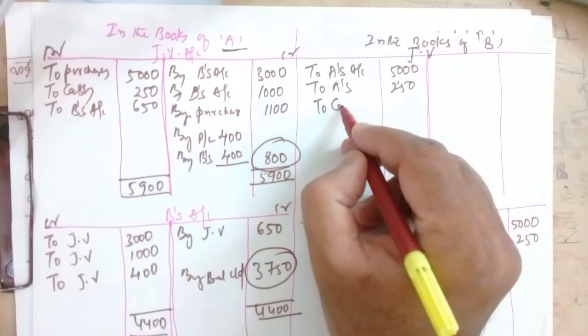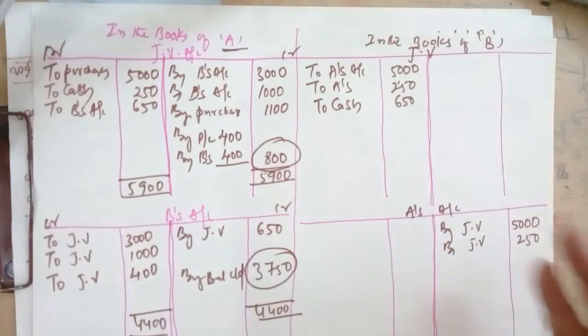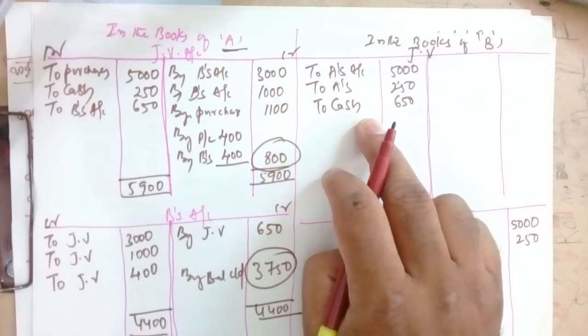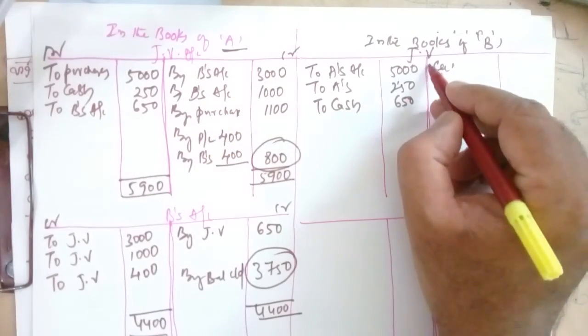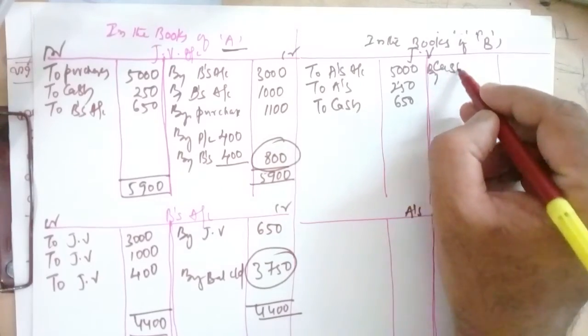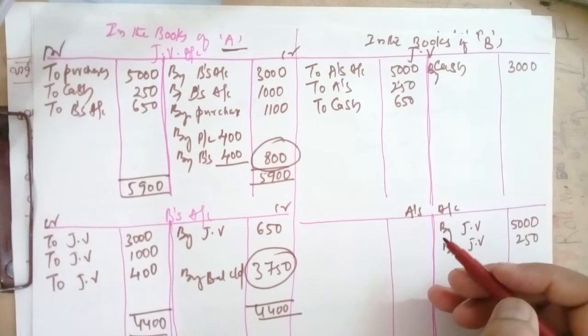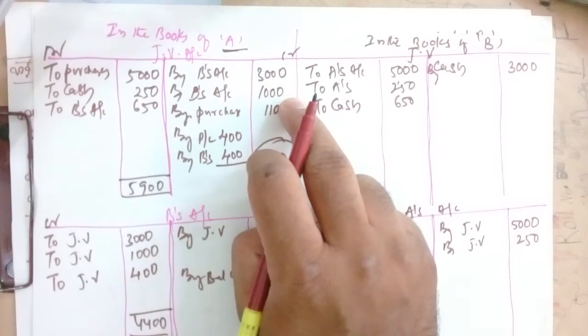To cash 650, and we don't pass anywhere else because it will be credited in the cash account. Clear? Now B sold the material for 3000, so we write by cash. How much? 3000.